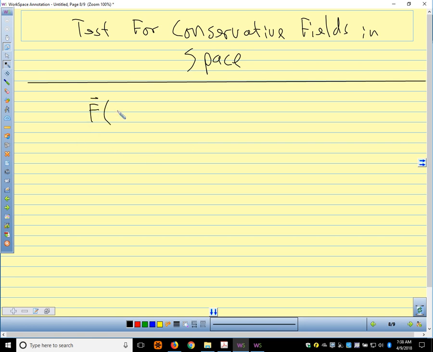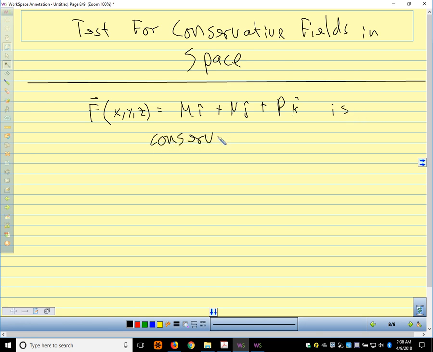If we say f of x, y, z equals m i hat plus n j hat plus p k hat, this is conservative if and only if, and just a reminder, if and only if means my statement works both ways. It's conservative if this is true, and if this thing is true, then it's conservative. If and only if del cross f equals 0.